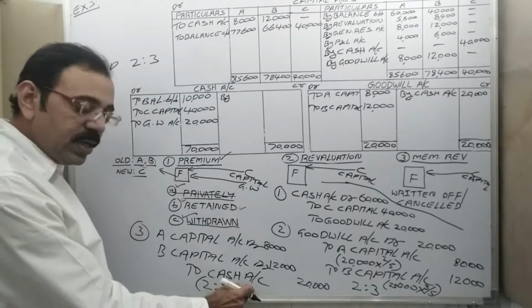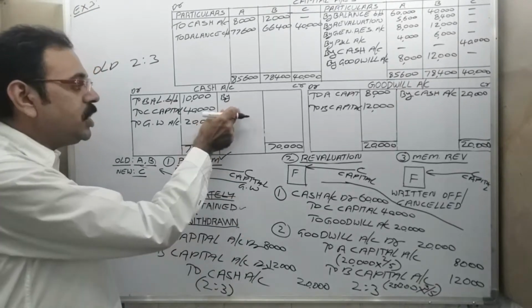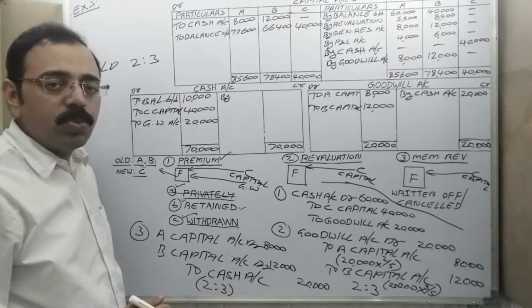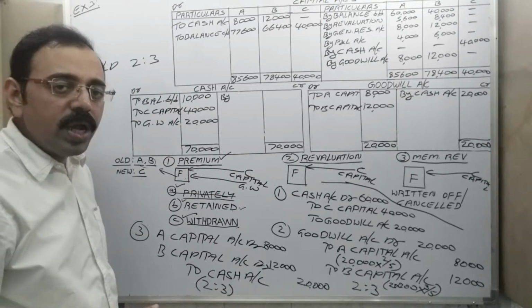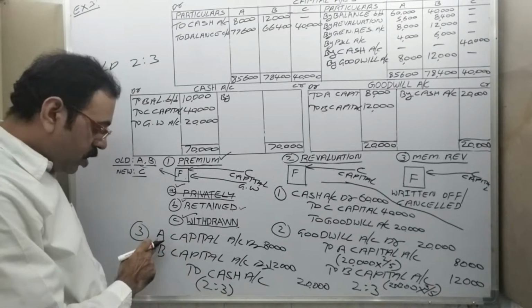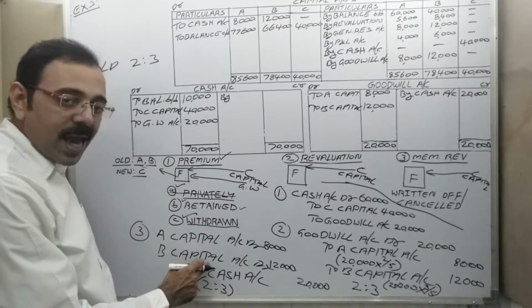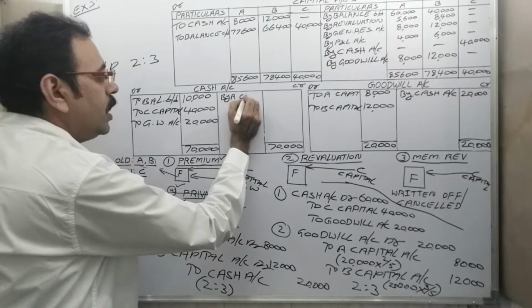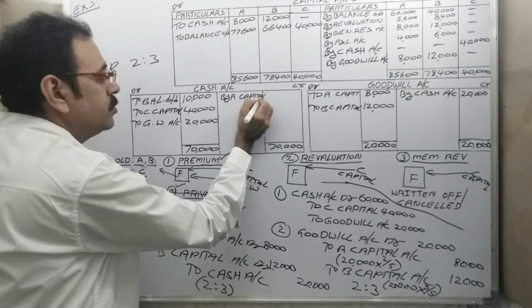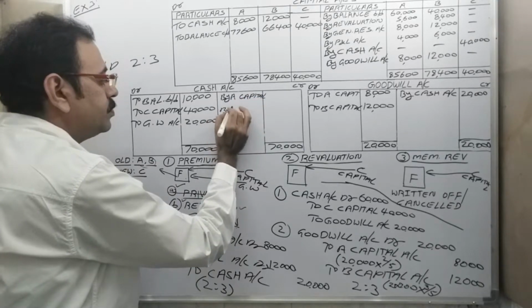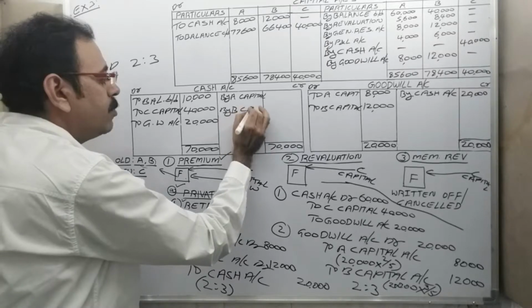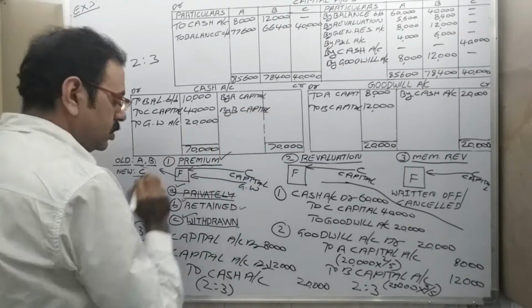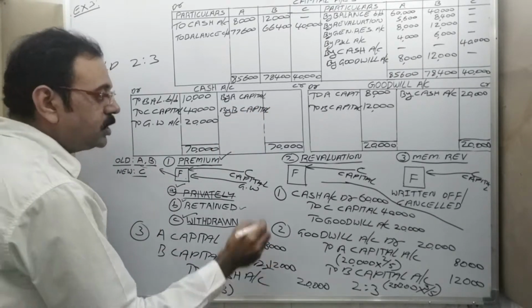Now, cash is in credit. Therefore, in cash account, credit side, we should post this entry. What to write? On the debit side, what did we write? A capital, B capital. Write down those two names here. By A capital account, by B capital account. Amounts are 8,000 and 12,000.